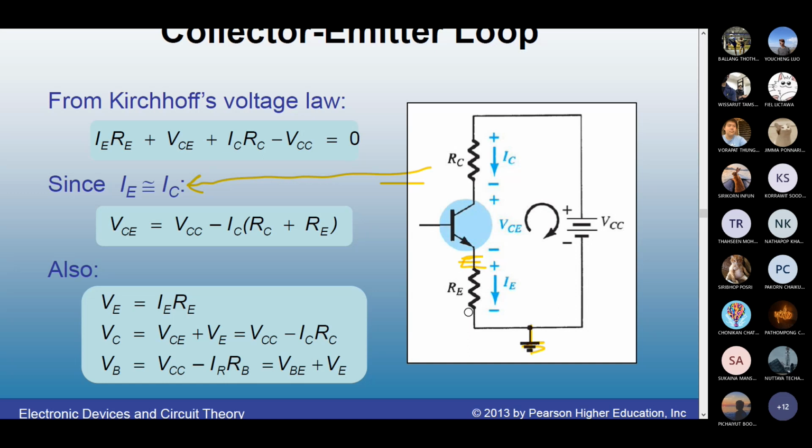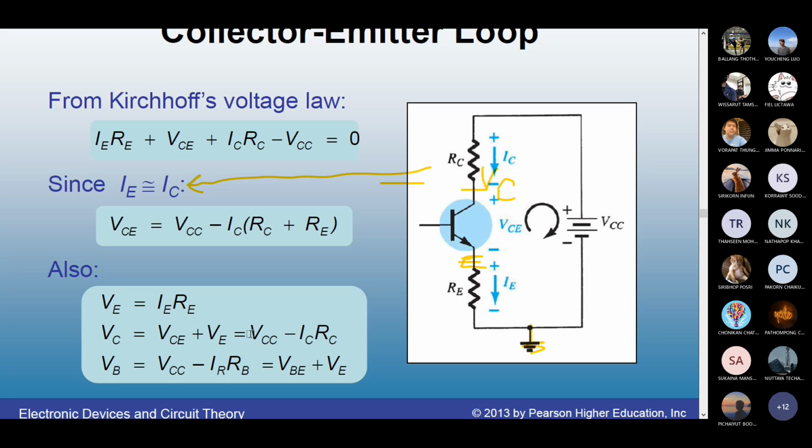So according to Ohm's law, the voltage drop from E to ground is IERE, correct? If you want to find the voltage VC, not VCE. VCE is from C to E, and VC is exactly at point C. What is that? It is the source minus all the voltage drop. It is VCC minus ICRC.